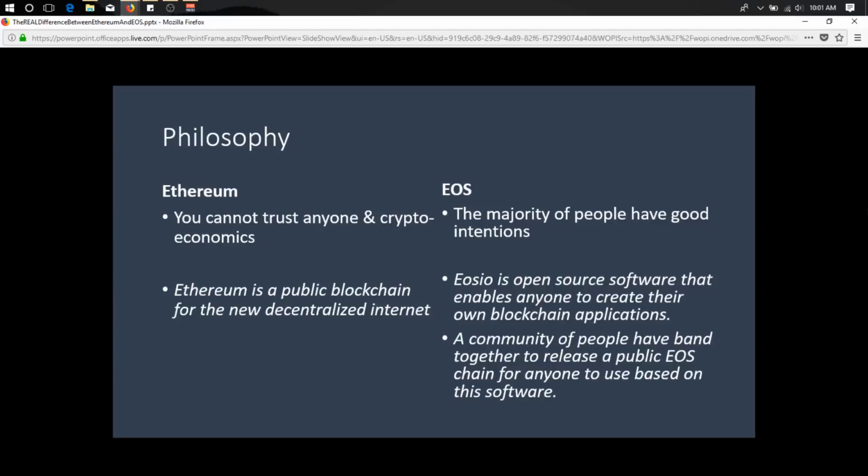It is also important to make the distinction that EOS.io is an open source software that enables anyone to create their own blockchain and blockchain applications, while the EOS mainnet is the result of a community of people coming together and releasing a public EOS chain for anyone to use based on the EOS.io software. Remember that with the EOS.io software, you can create any blockchain you want with any configuration you want, including private chains.